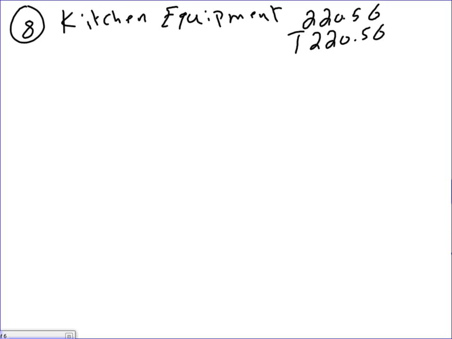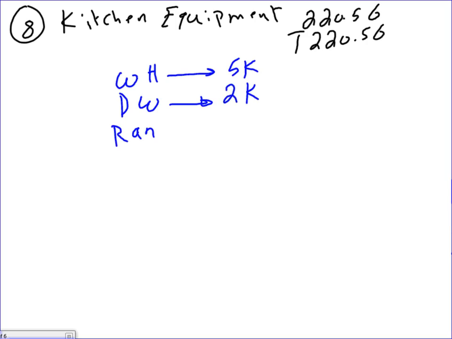If you read the article and the table, here's the equipment Brooks had in his design for this building. A water heater, which he put at 5K, just for domestic hot water. A dishwasher at 2K, a range, so you can bake pie and all this good stuff, at 10K, and a booster at 3K.